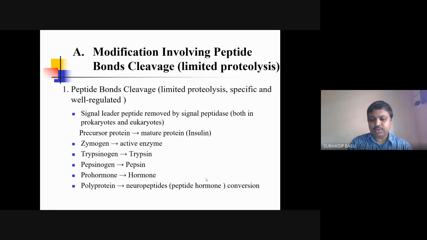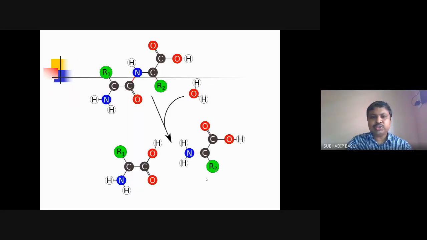We have a small diagram here, so you can see that this is a single amino acid. This is the alpha carbon, this is the C terminus, this is the N terminus. Okay, and what happens? This red one is the peptide bond.